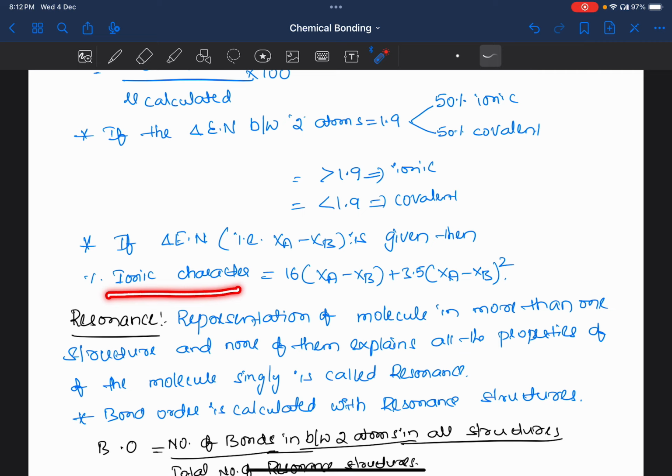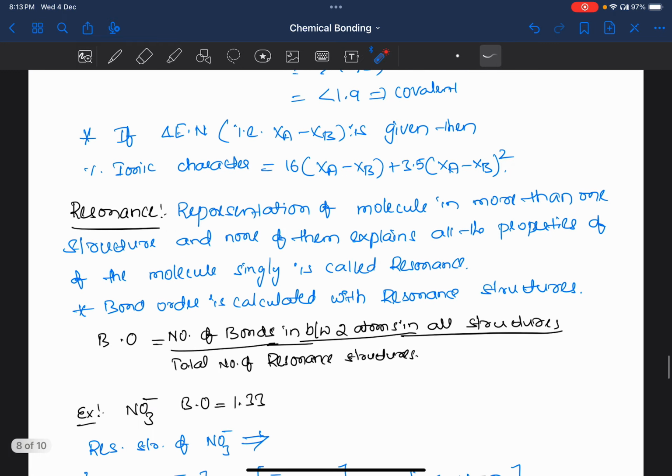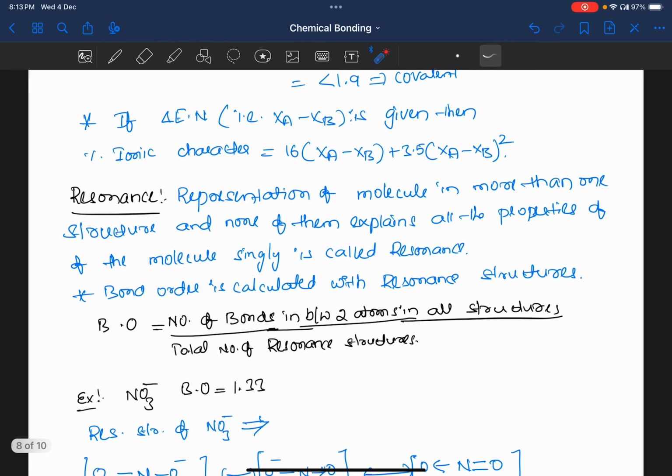If they give only the Xa minus Xb value, the percentage of ionic character of the compound is calculated using this formula. Some objective problems are related to this, so you must remember this formula.